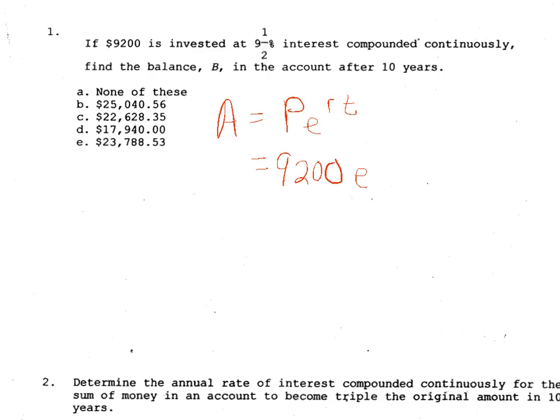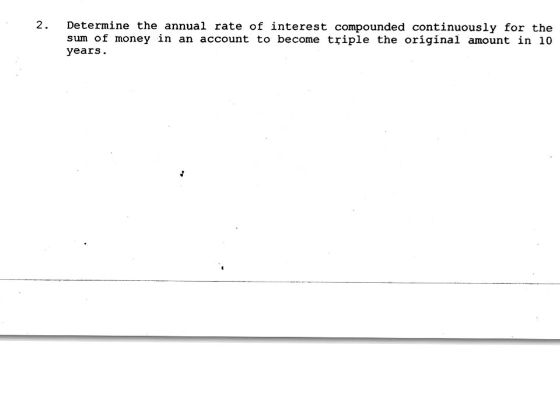Our rate is 9.5%. So we're going to plug that in as a decimal as 0.095. And our time is 10 years, so we're going to multiply that by 10. So now if you put that in your calculator, you get $23,788.53, which is choice E.